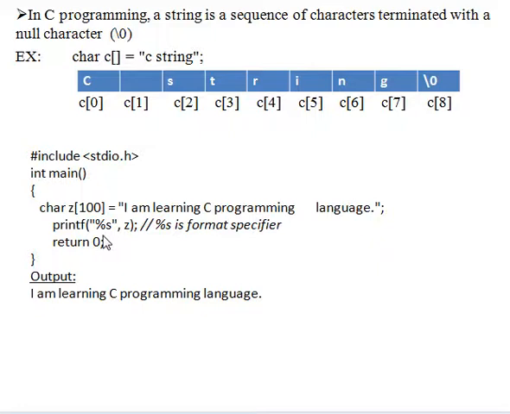To print an integer value we use %d, a float value %f, a single character %c, and to print an entire string at a time we use %s. The string from array z will be placed at the position of %s. Next, return 0 returns from the main program.